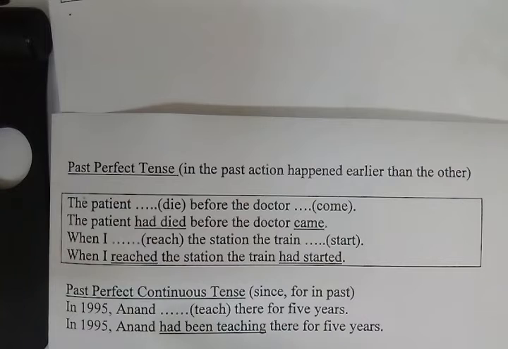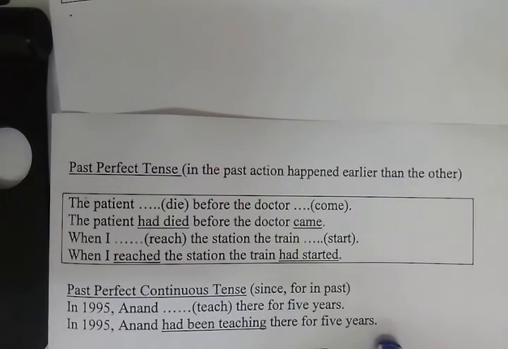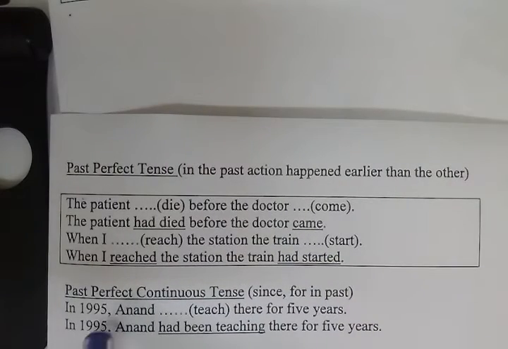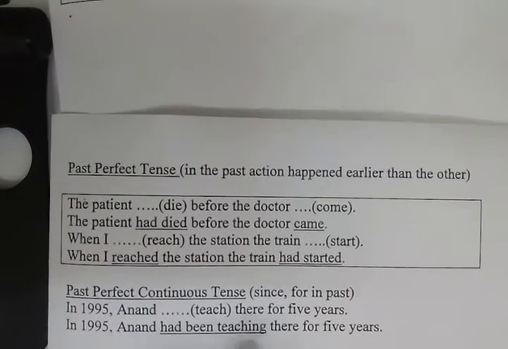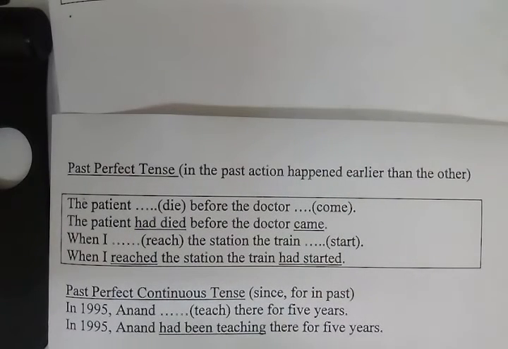So what we have to use is, in 1995 Anand had been teaching there for 5 years. If this in 1995 is not there in this same sentence, we would use Anand has been teaching. Then this sentence goes to present. It is this 1995 which is making this sentence belong to past.